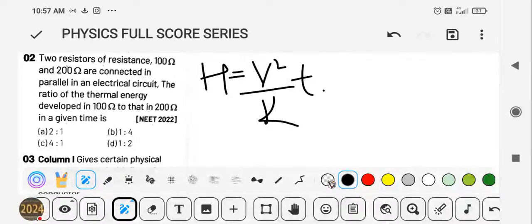See again, they have given a clue. I will draw the circuit diagram for this question. Here it is 100, here it is given 200.